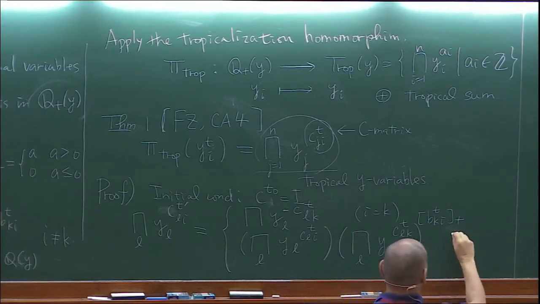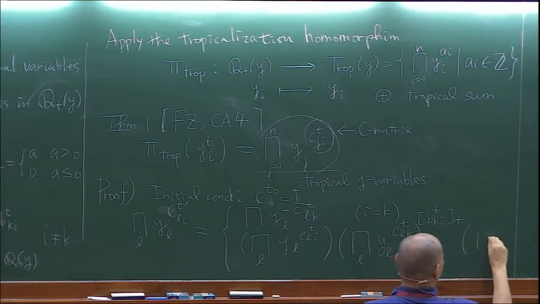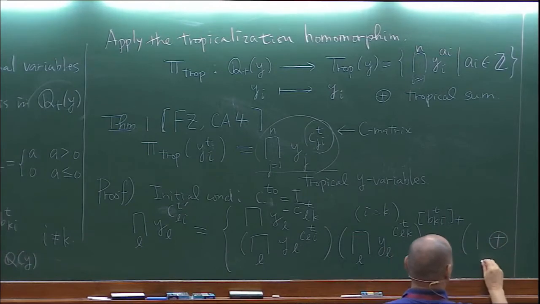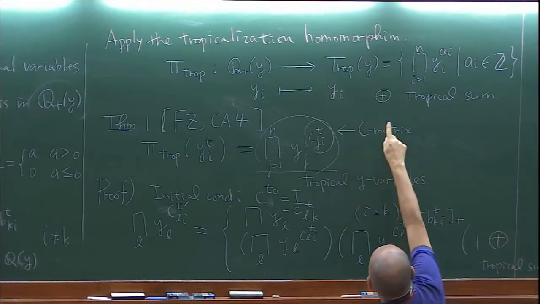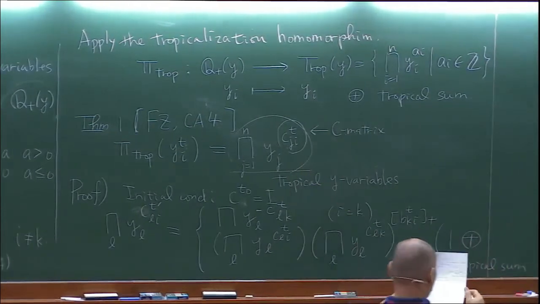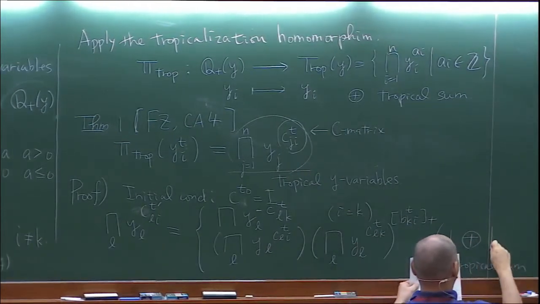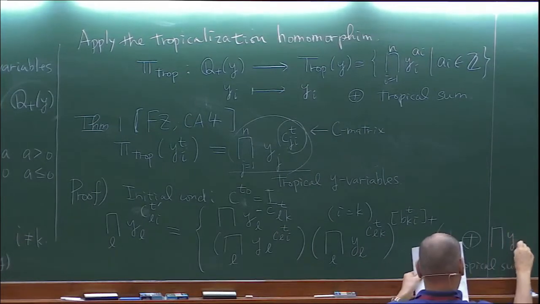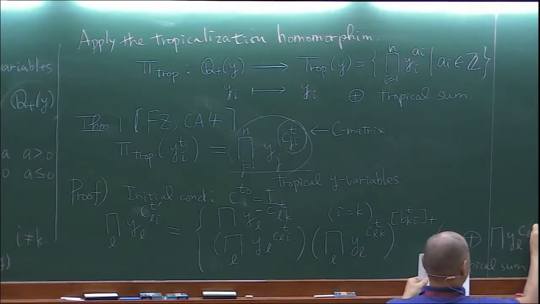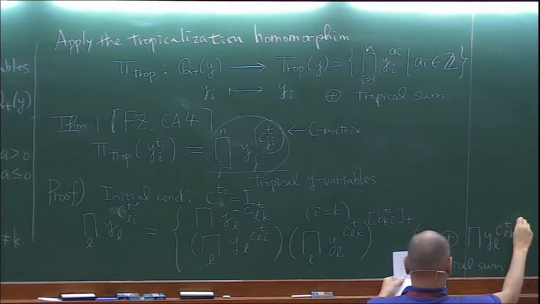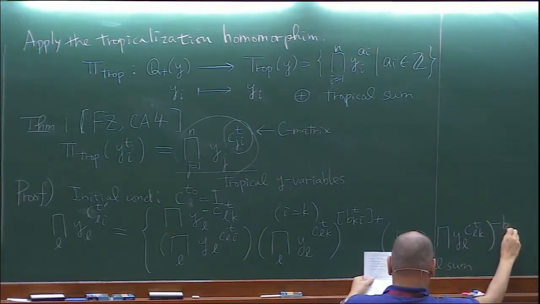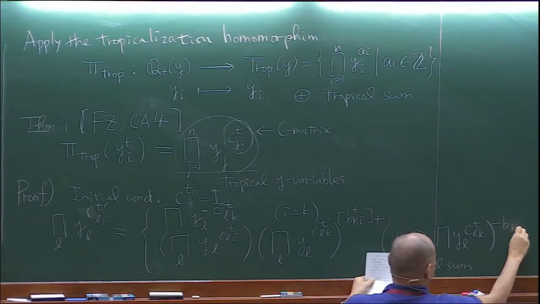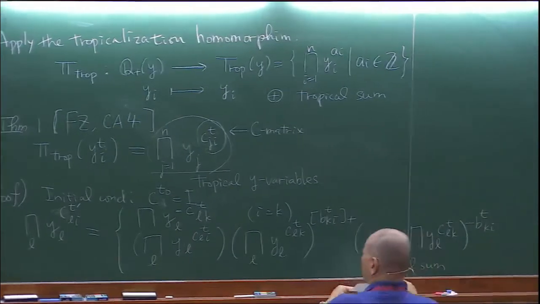And finally, we have a tropical sum here, because we consider the image inside this tropical thing, so this is a tropical sum, with Y_L to the C_{LK}^T minus B_{KI}^T. Okay, some formula.